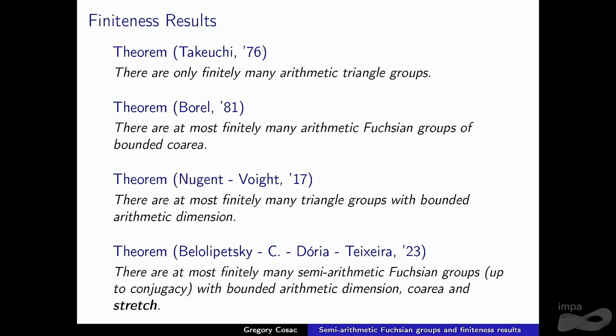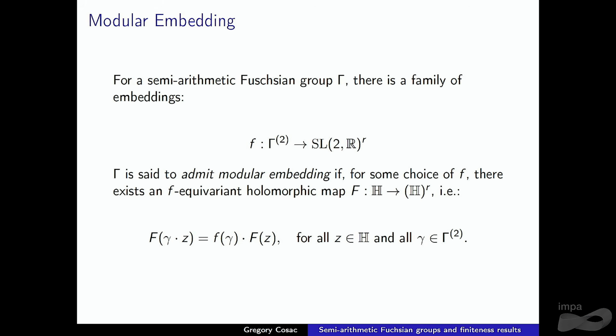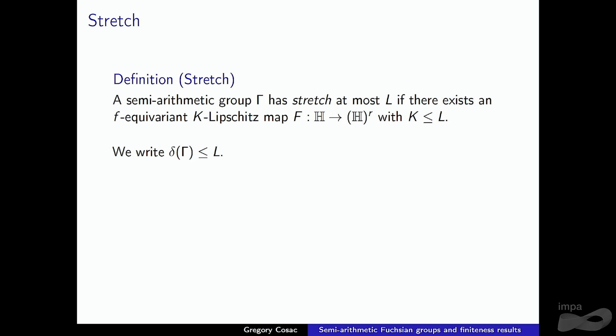Borel was bounding the co-area and looking at arithmetic groups, so also bounded stretch incidentally, and then Nugent and Voight, again, looking at triangle groups. So it turns out that in all these three cases, they're bounding the arithmetic dimension, the co-area, and the stretch. And we show that that's exactly what you need to bound in order to obtain finiteness. And yeah, so that's the definition of stretch that I said.